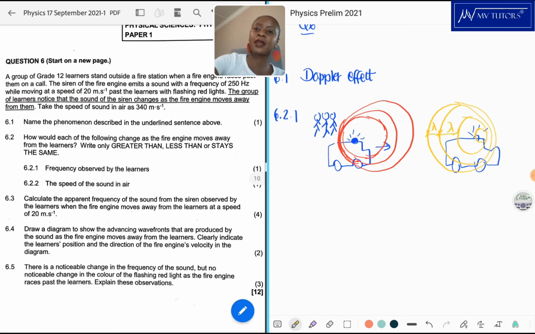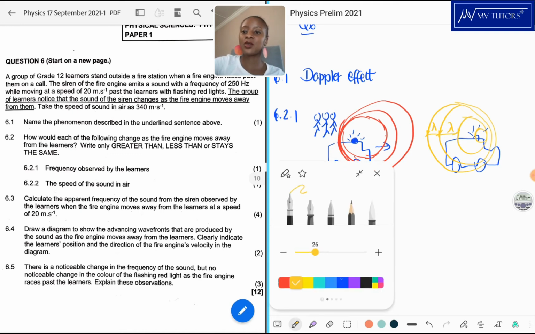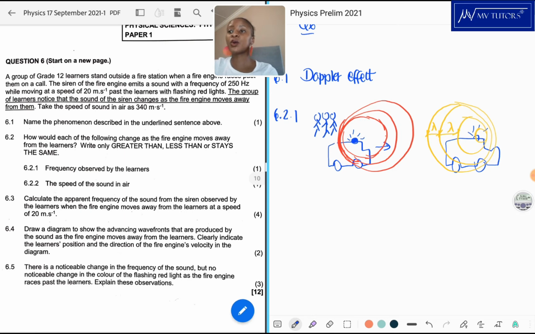But when it was near them, the spacing was actually smaller. Now let us see what they are asking us. The frequency observed by the learners when the engine moves away. Because when the engine moves away, the wavelength is higher, it means the frequency is actually less. So we would go for less than.